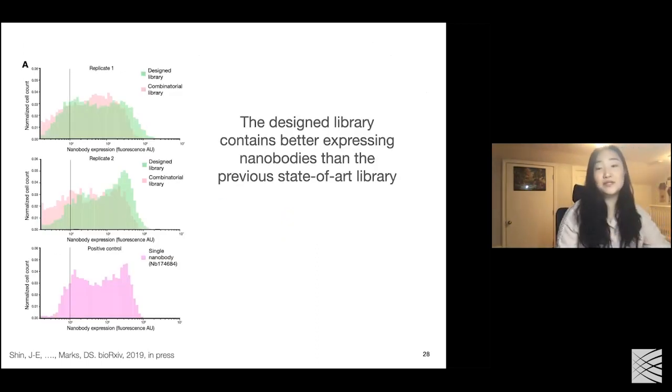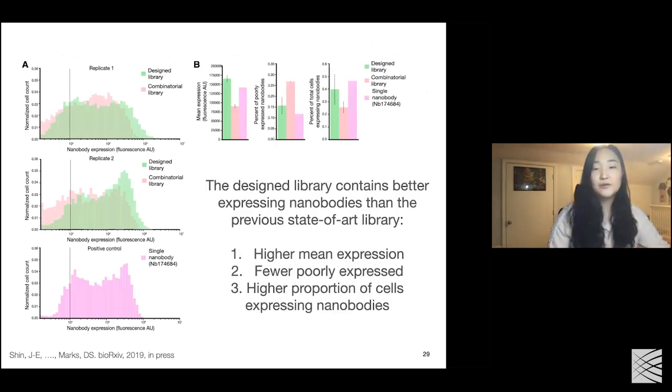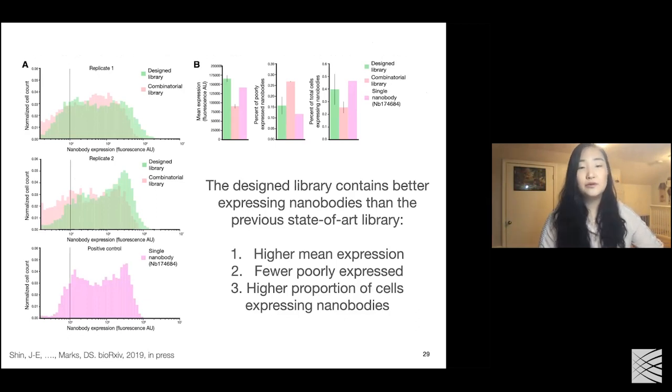So experimentally, we saw that the designed library contains better expressing nanobodies than the previous state-of-the-art library. And this previous state-of-the-art library is the McMahon library from 2018 that I had mentioned previously. And so what I mean by this is as follows. One, we saw that we have higher mean expression. So of the cells that are expressing, in the green distributions, we see a higher mean fluorescence.